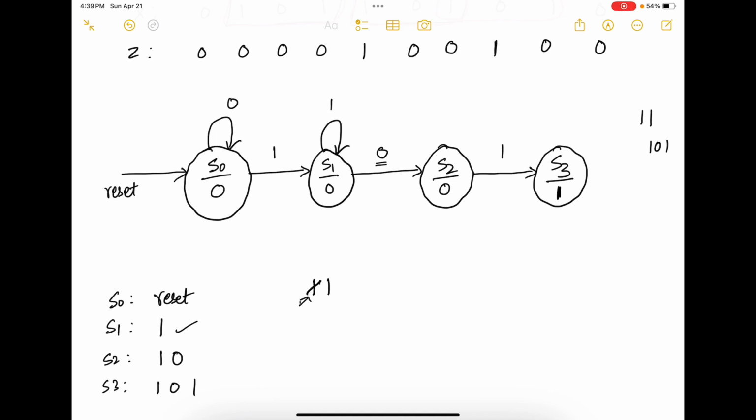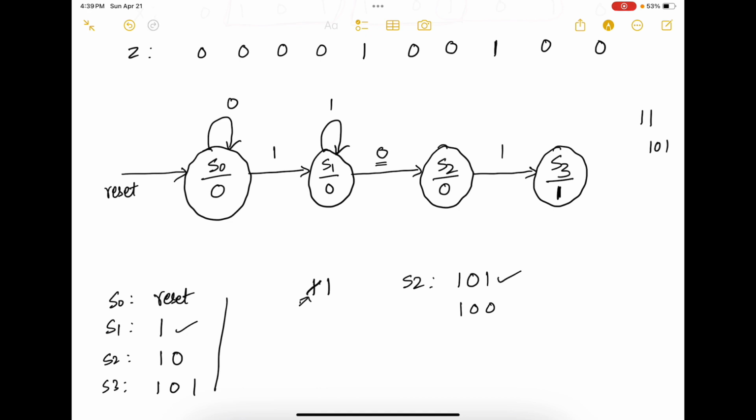Now let's look at S2. S2 was 1 0. Now you are completed with the 1 transition. You are still left with the 0 transition. Basically, your sequence is broken, which means you have to start from the beginning again. Again, to see where you have to go, look for a state which has the sequence 1 0 0.